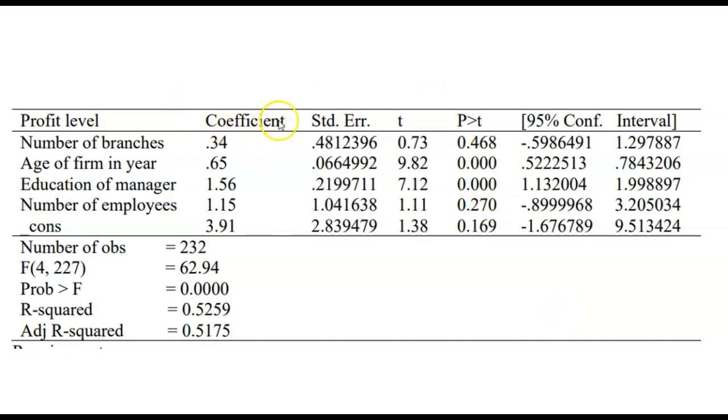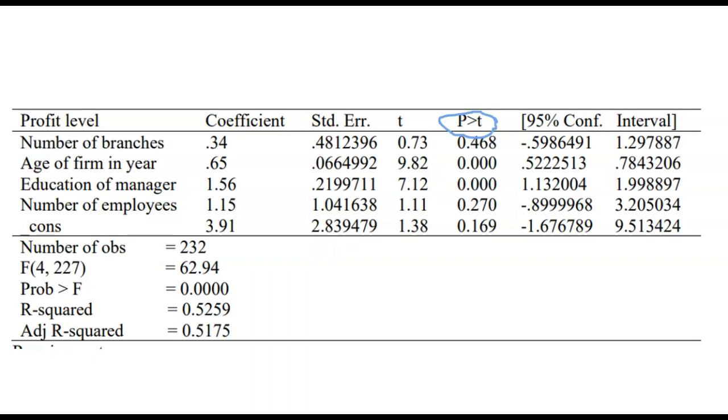To put that into context, when you are finding the significant variables and the insignificant variables, you have to look at the p-value. Okay, so let your attention come to the p-value. Don't look at the coefficient or the standard error.